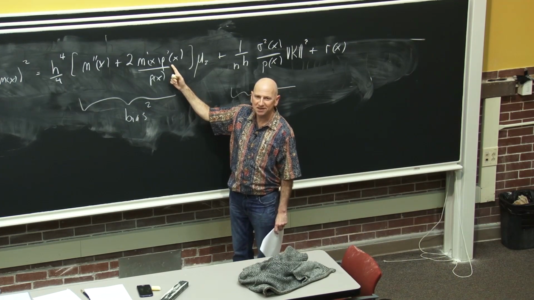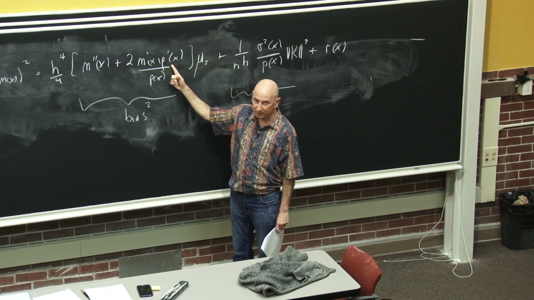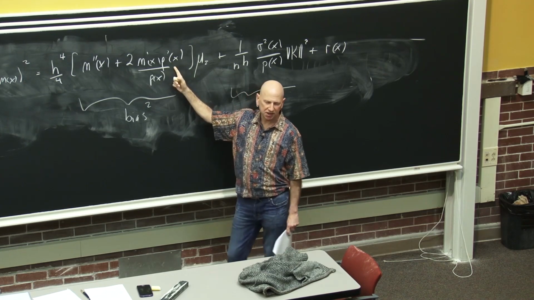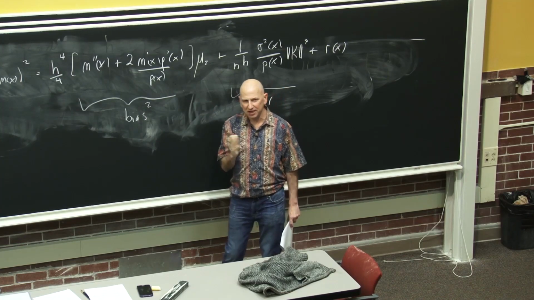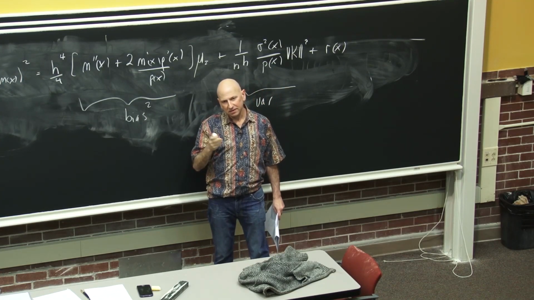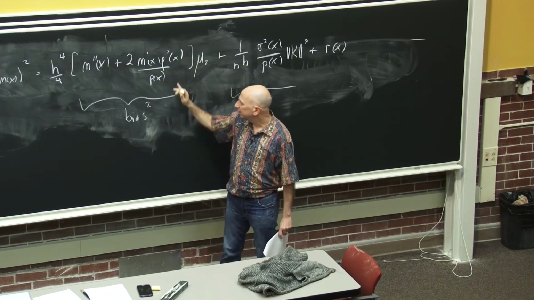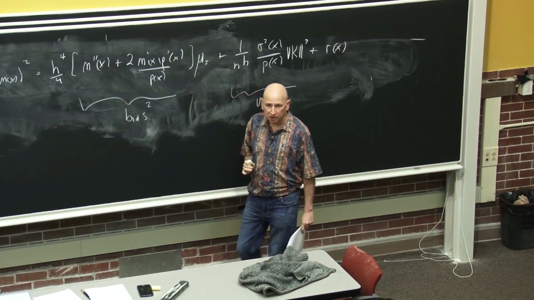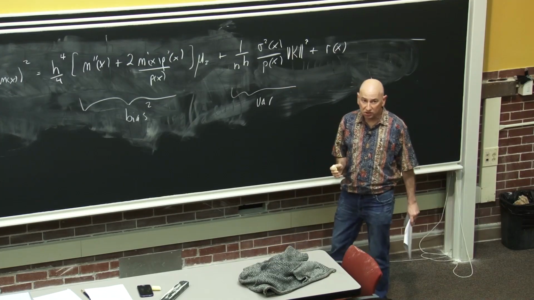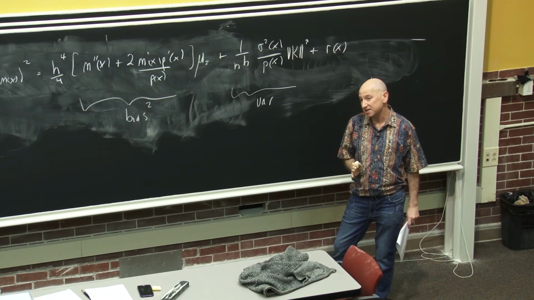What's p? p is the density of the x's. It's kind of odd that that should come into it. This is called design bias. What this is saying is anywhere where the density p is a little bit steep has extra bias.